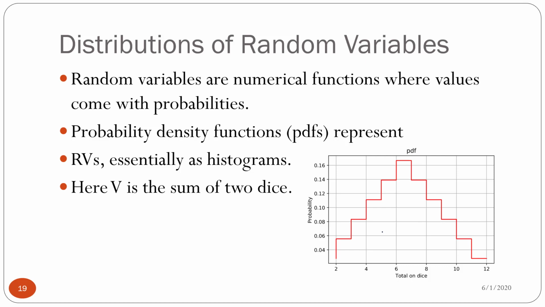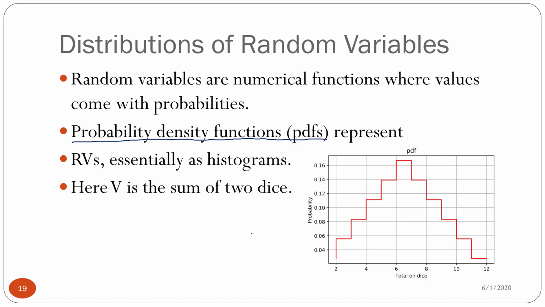Okay, so what is this slide about? Well, this is about the probability distribution function, probability density function. We also call that PDF. So what do we show in the probability density function?